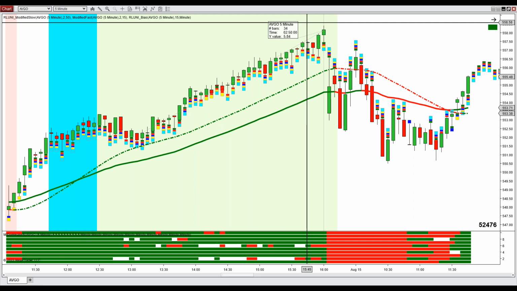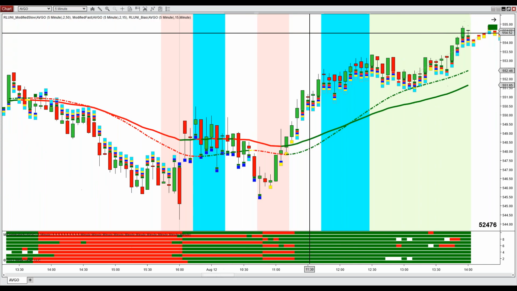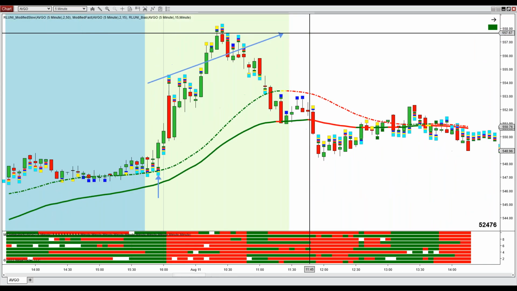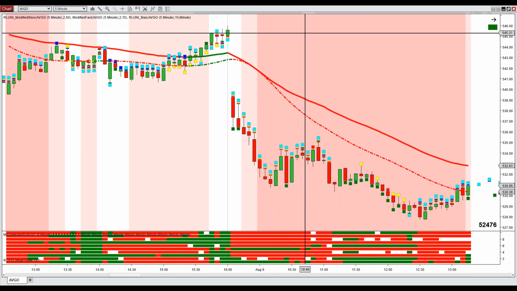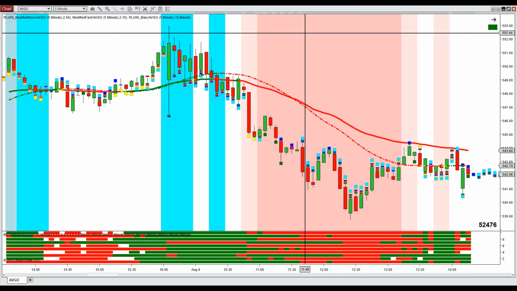So this was a terrific move to the upside. So you just have to wait for your trades. It looks like I did a little more kind of hunting around here on Avago than I thought I did.